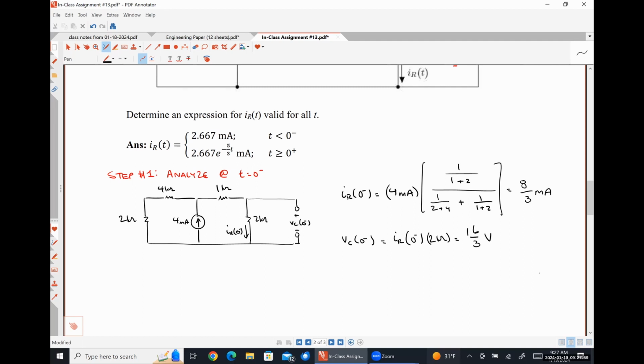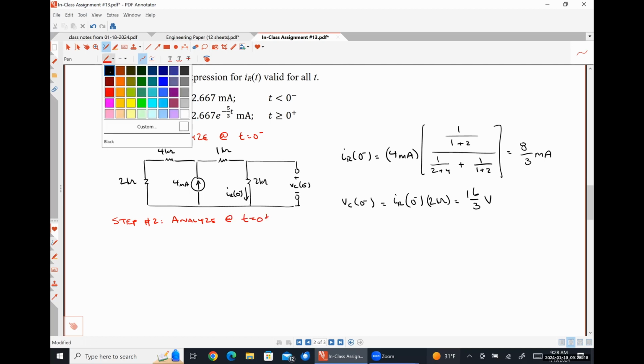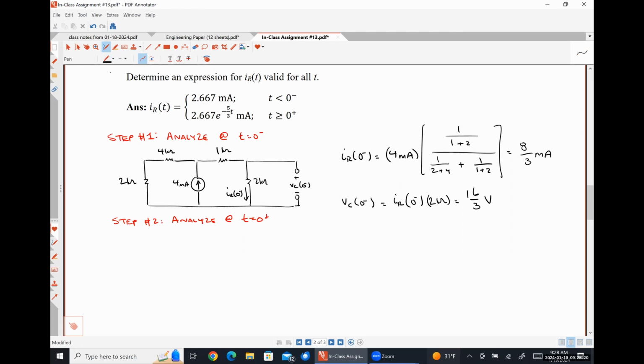All right, step number 2, we're gonna analyze the circuit at t is equal to 0 plus. So at t is equal to 0 plus, our switch has opened up and our capacitor is no longer at DC steady state. So we're gonna have to figure out what goes on there, right?